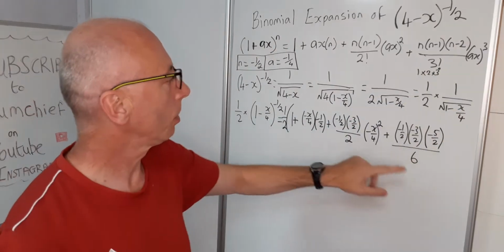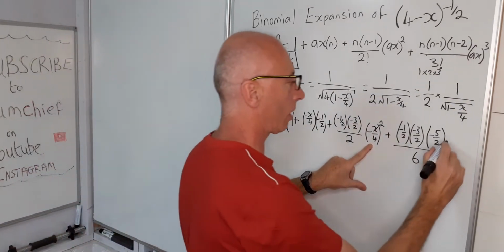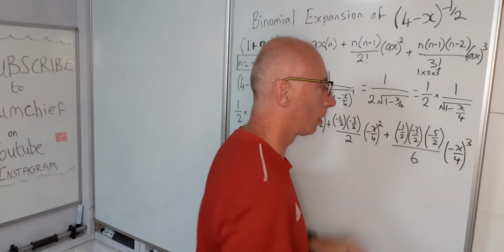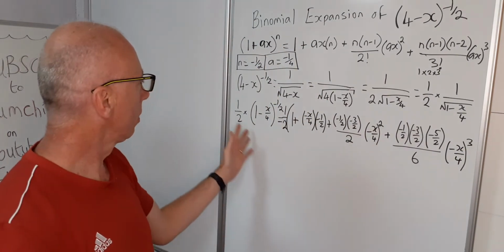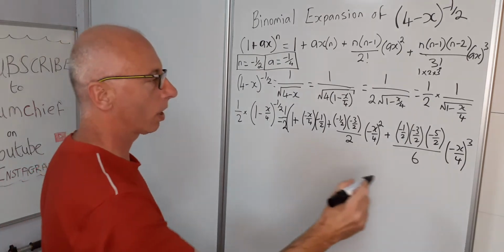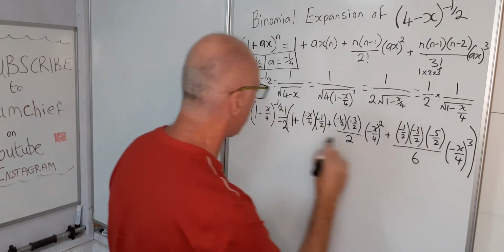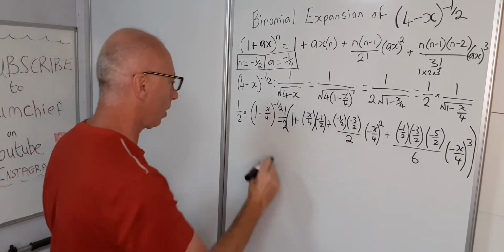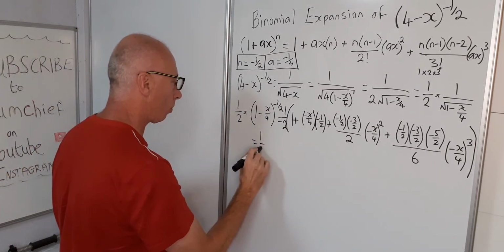And then ax cubed, well, ax is minus x over 4, and that's cubed. Okay, so now we've got everything in there. Just close off the brackets because we're multiplying through by 1/2. What we've got to do now is just simplify this all off. So that equals 1/2.